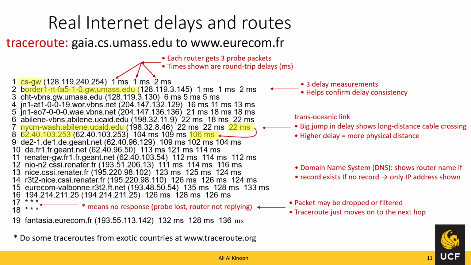In the last lecture, we spoke about how the structure starts with devices, laptops, various devices that are connected to hubs, switches, routers, and these are connected across regionals, and those regionals are connected to global ISPs and then the internet exchange points. So when we are tracing something that's maybe overseas, there might be a big jump in terms of milliseconds, where we have here a transocean link. That's going through the ocean, so there's a higher delay, more physical distance.